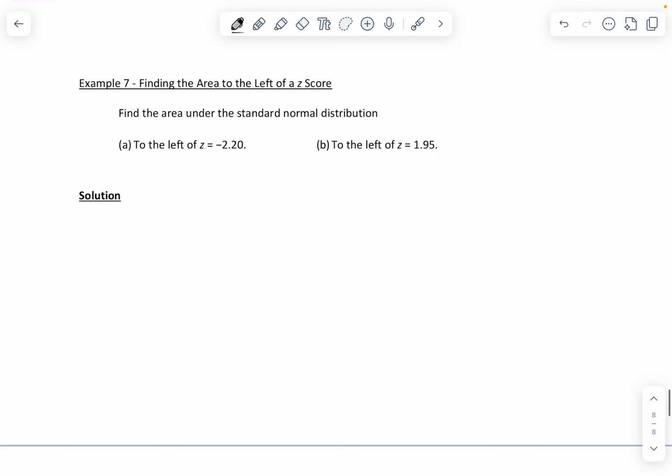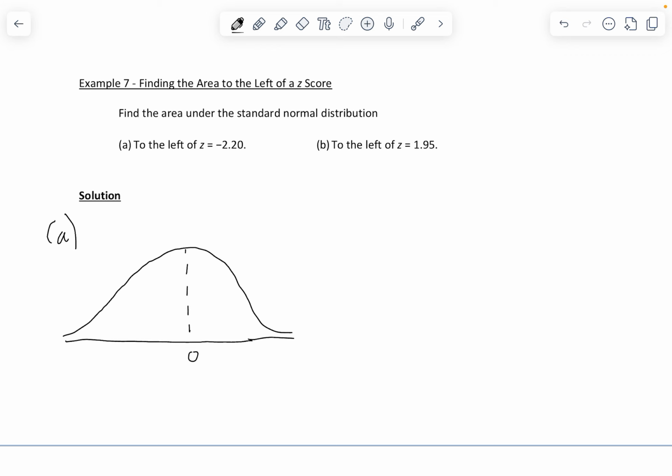Example 7, finding the area to the left of a z-score. For these examples, we want to find the total area under the standard normal curve to the left of z equals negative 2.2 and to the left of z equals 1.95. Again, let's take each of these one by one and sketch a picture. Zero's in the middle.